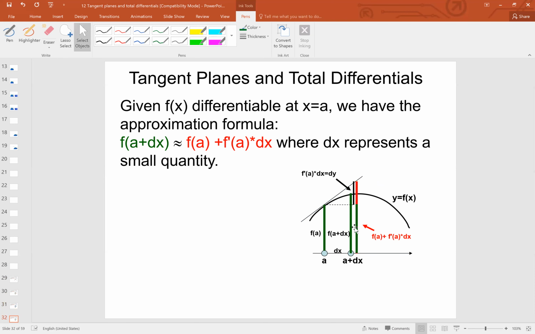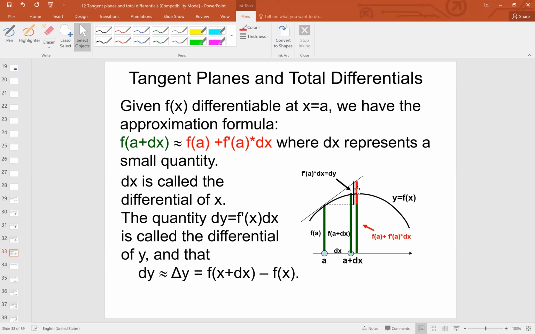So these are estimations. In other words, it's easy for me to calculate that little red piece right here. And that is this formula for approximation on a line using tangent line.